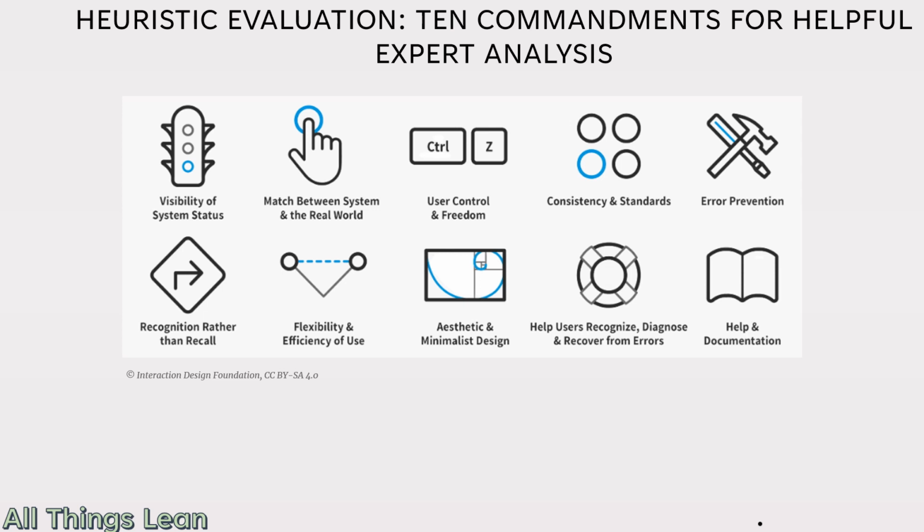Be consistent so users aren't confused over what different words or icons mean. Prevent errors. A system should either avoid conditions where errors arise or warn users before they take risky actions. For example, "Are you sure you want to do this?"